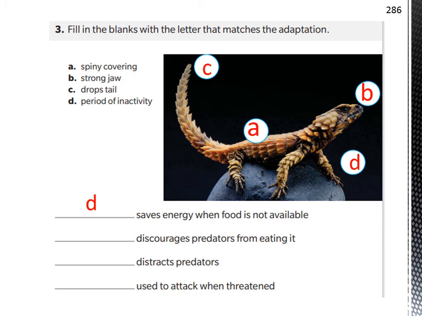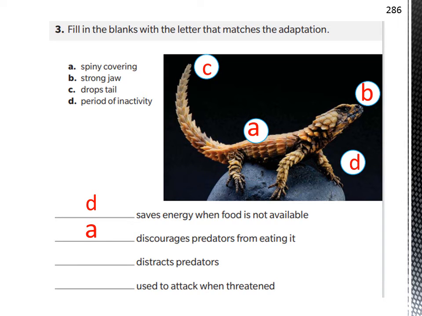Which adaptation of the lizard discourages predators from eating it? I will repeat my question. Which adaptation of the lizard discourages predators from eating it? It is A. Well done.